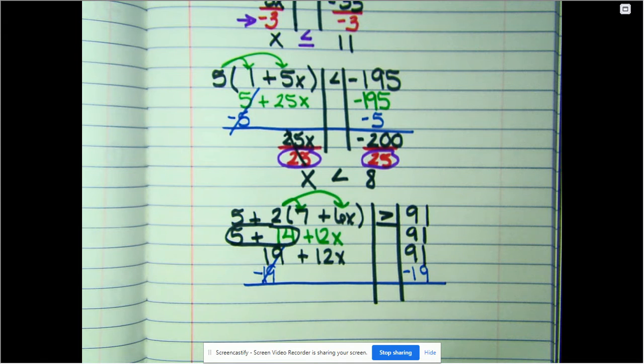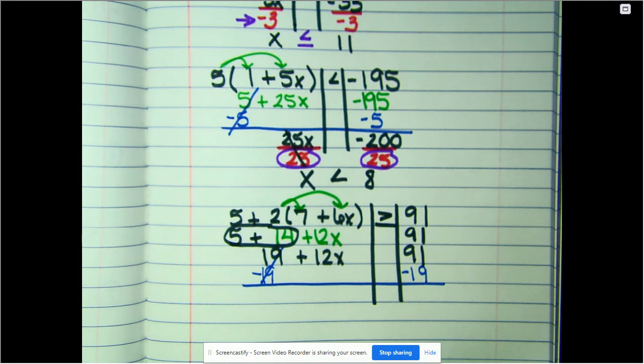19 minus 19 cancels. And then we have 91 minus 19, which is 72.